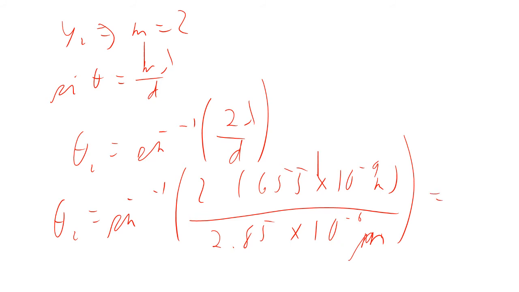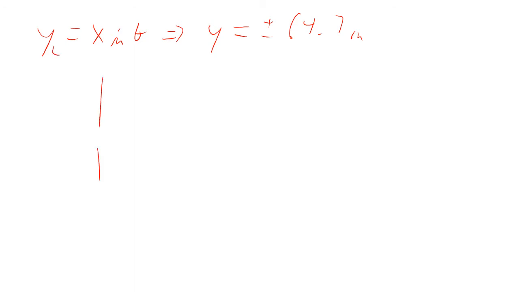So that turns out to be 27.4 degrees. Notice it's not exactly double the other angle. And so if you plug in y equals x tan theta, we get y is equal to 64.7 centimeters. Again, it's going to be plus and minus. So that's Y2.